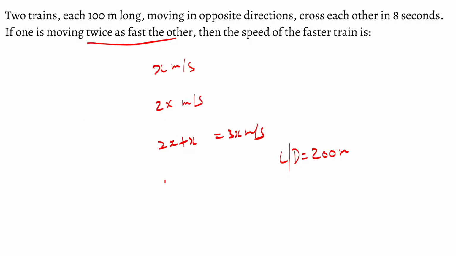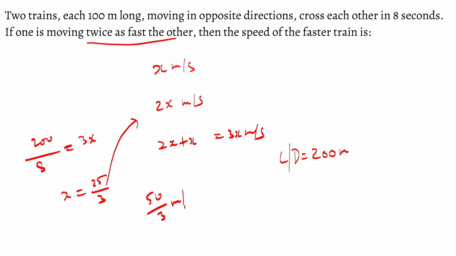Distance by time, where time is 8 seconds, will be equal to the speed 3x. So x will be equal to 25 by 3. Substituting, the speed of the faster train is 50 by 3 meter per second.